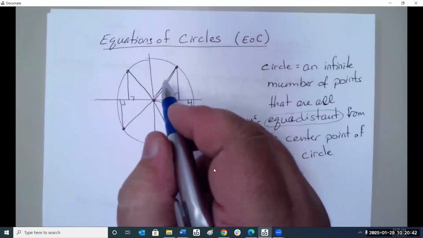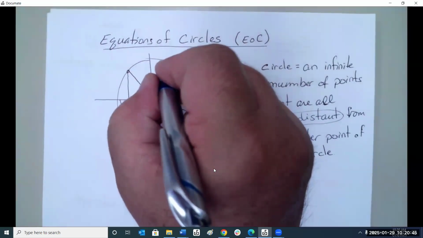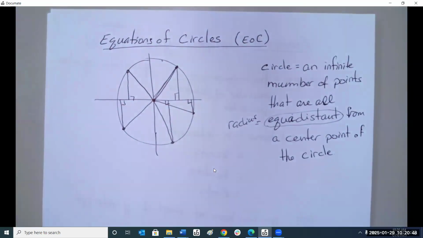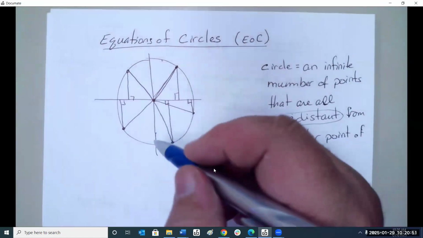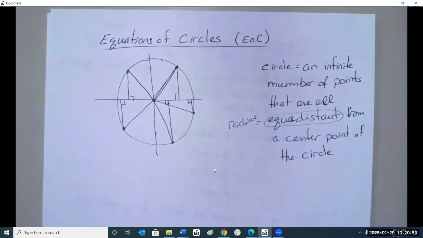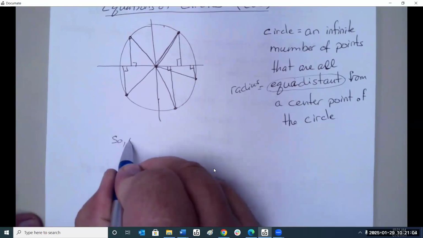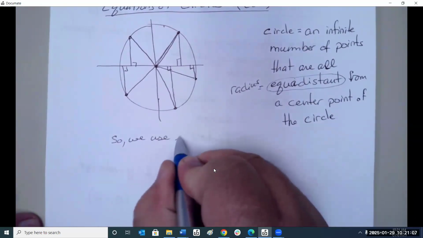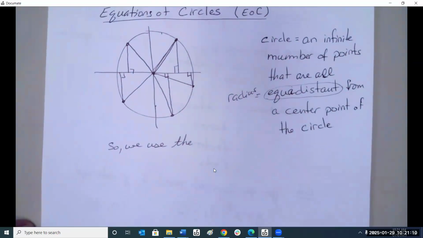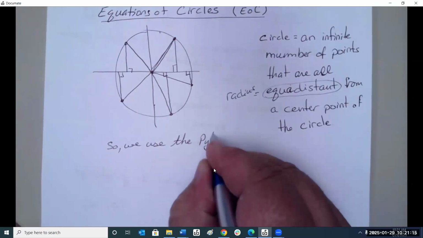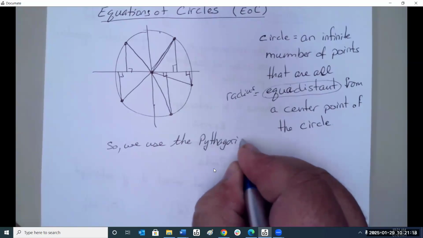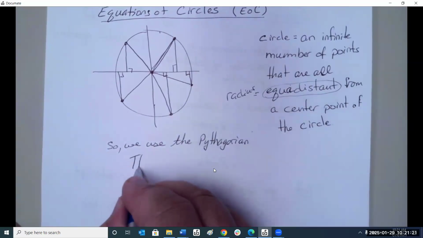And the more of these right triangles I have, the more points I have, eventually what happens? Instead of being triangles, it now becomes a smooth curve. So do we have any formulas that we could deal with triangles? What formula do we know about triangles? What's that called? The Pythagorean theorem.